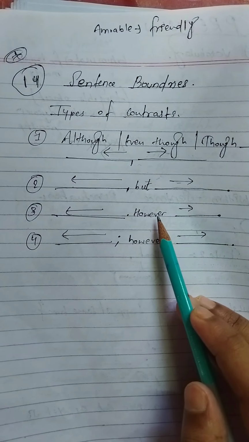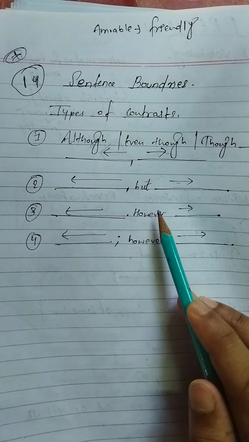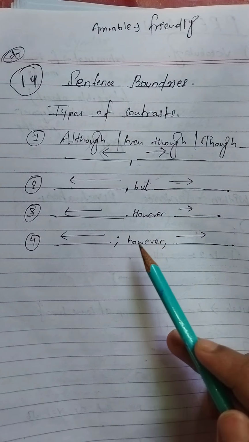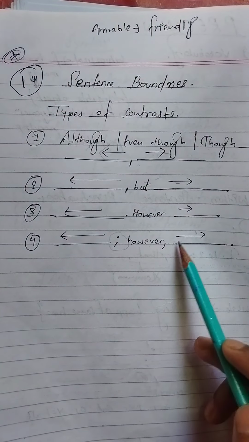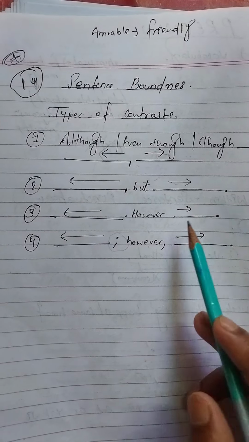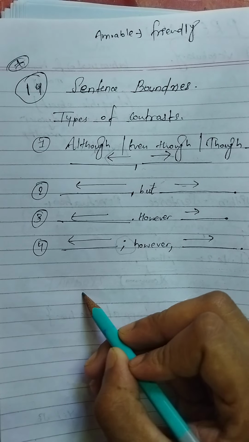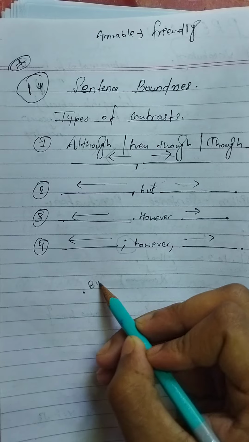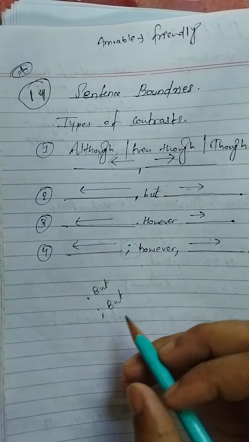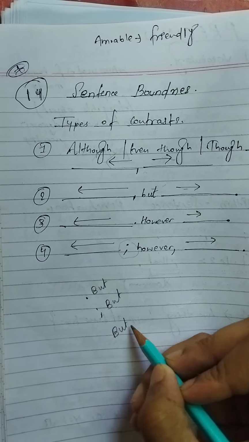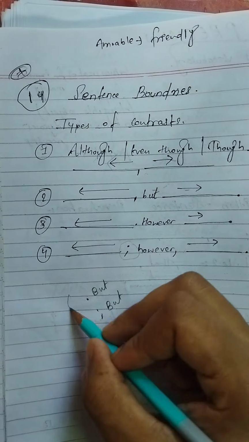When there is a however, we can use a full stop, and then we can start the sentence. We can also use a semicolon before however, and then a comma after to start the sentence, but we can't use something like that: full stop, but, that is wrong. But that is also wrong. These are the wrong punctuation.